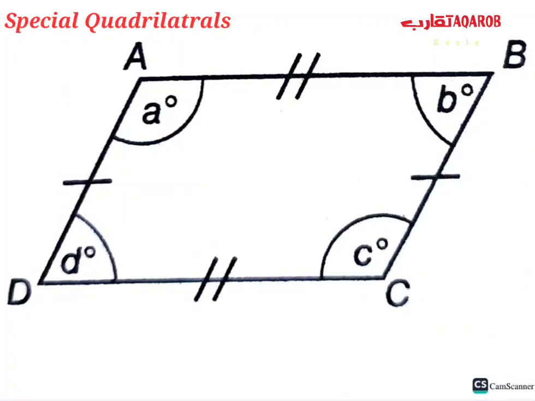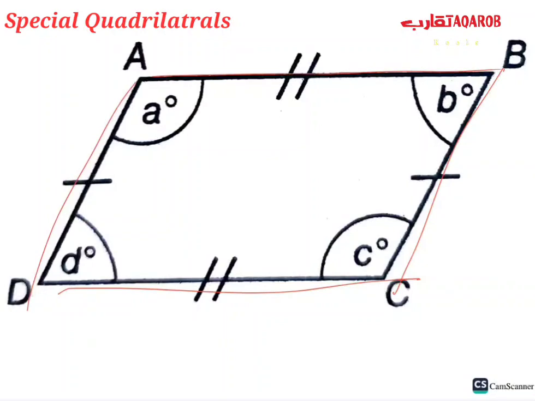Opposite sides are parallel, so AB is parallel to DC, and the same thing, BC is parallel to AD.